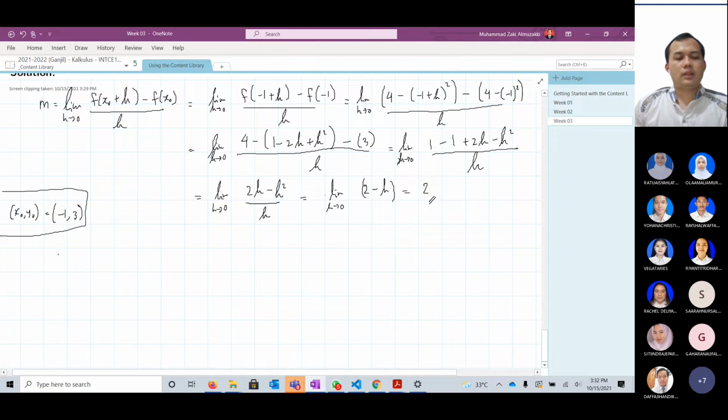So now the formula for a line is y equals mx plus c.